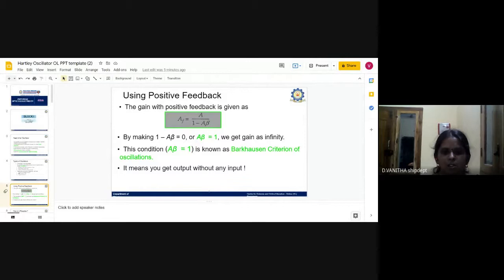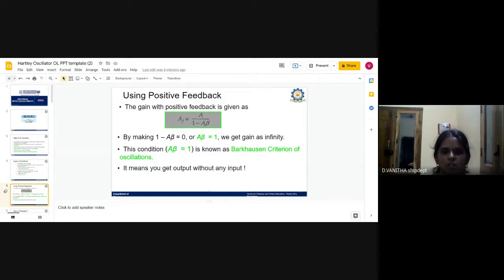The gain with positive feedback, called AF, is given by the equation AF is equal to A by 1 minus A beta. Here, beta is the feedback constant.